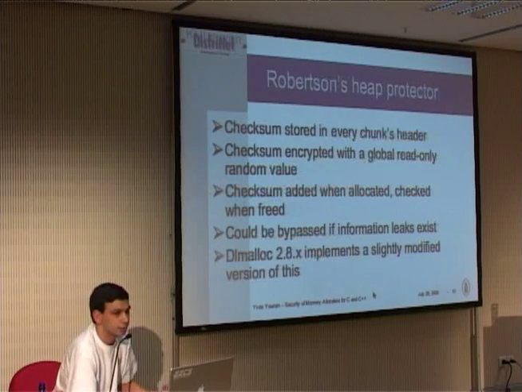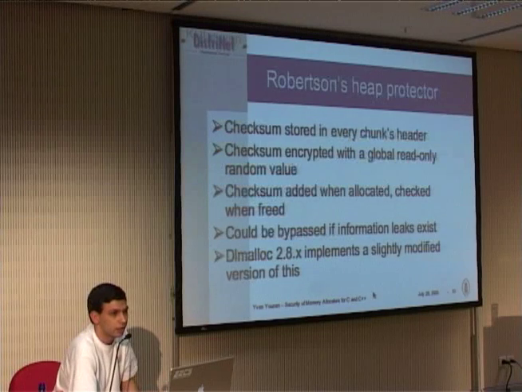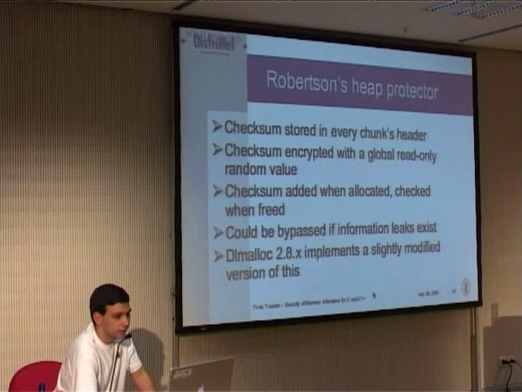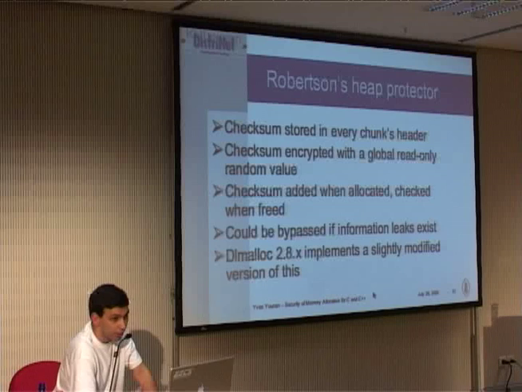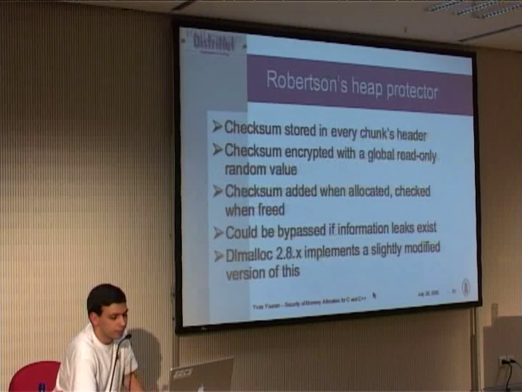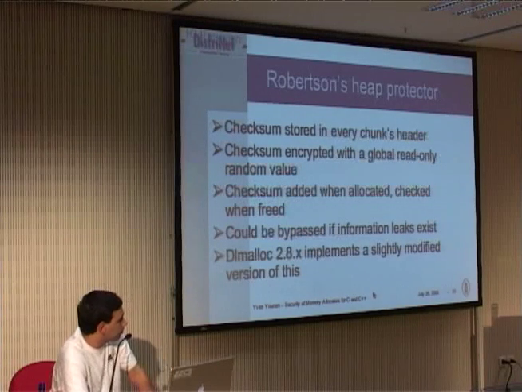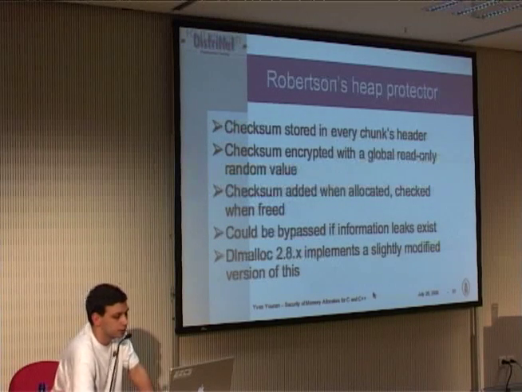It adds this checksum to the header when a chunk is allocated, and it checks it before it runs free. As a result, if the attacker has modified this, he won't be able to calculate his own checksum without knowing the random number, which is also the weakness of this allocator. If the random value is leaked, it could be bypassed. The dlmalloc 2.8 implements a slightly modified version of Robertson's heap protector.